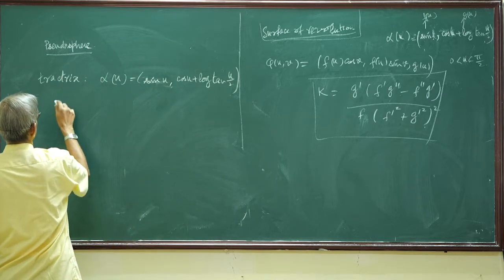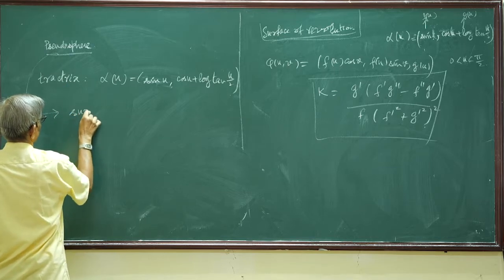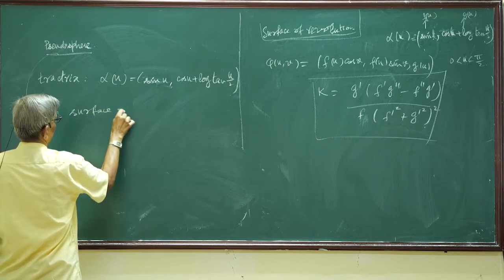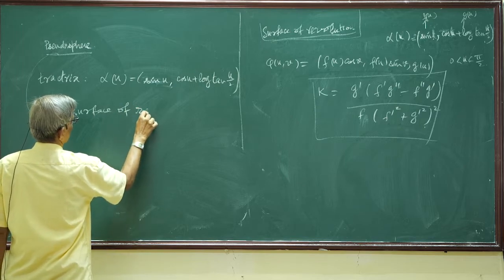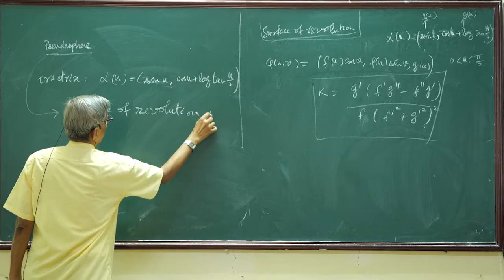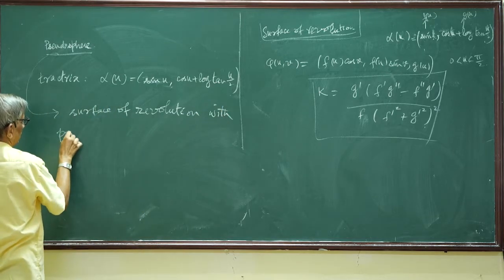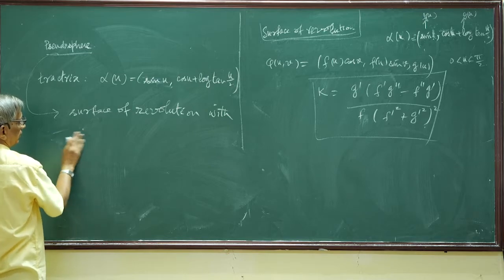So the pseudo-sphere is the surface of revolution with the tractrix as the profile curve.